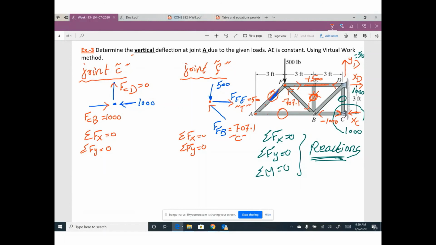We're still looking for this member. I think this member will be under compression, 707.1 negative. No, wait.